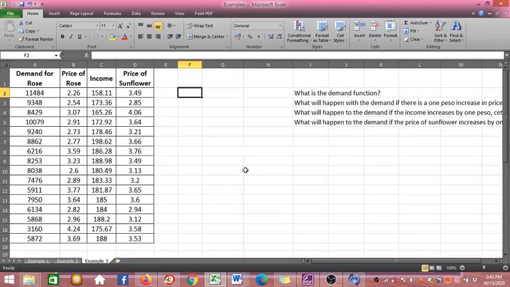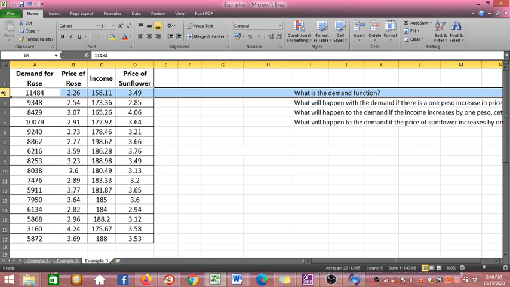Okay, so this is an example of multiple regression analysis. We have here demand for rose, price of rose, income, and price of sunflower. First, we need to determine which is the dependent variable and the independent variables.